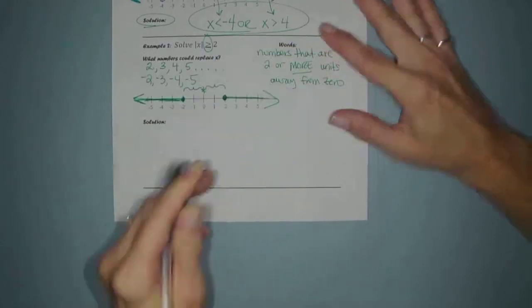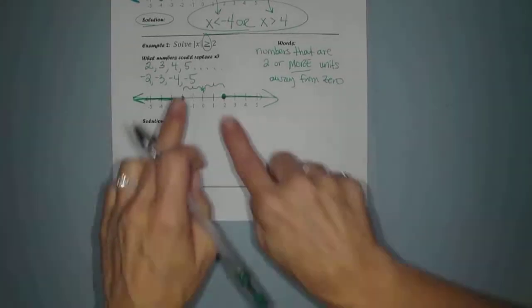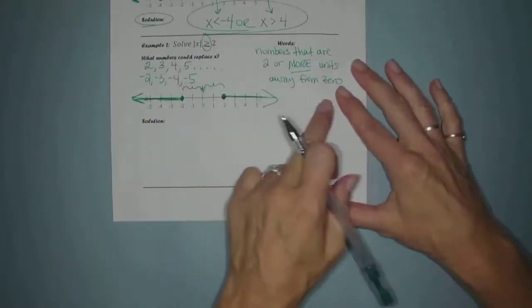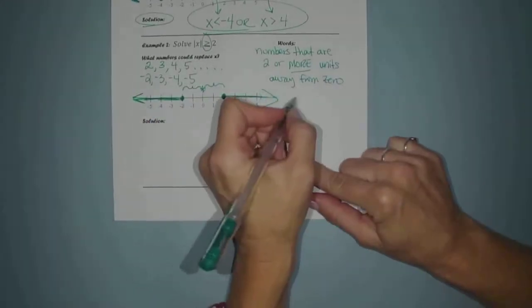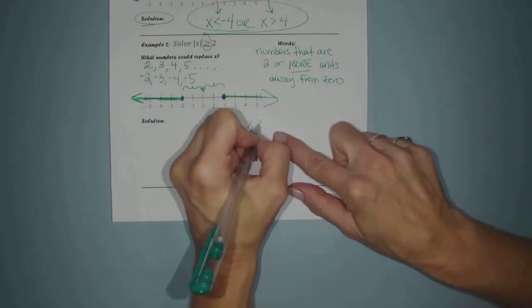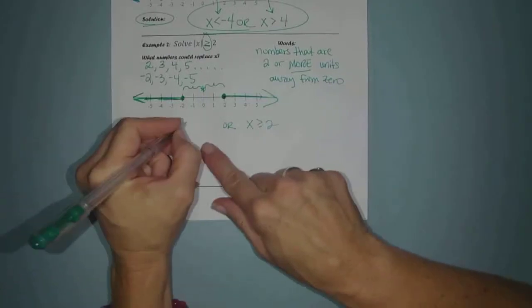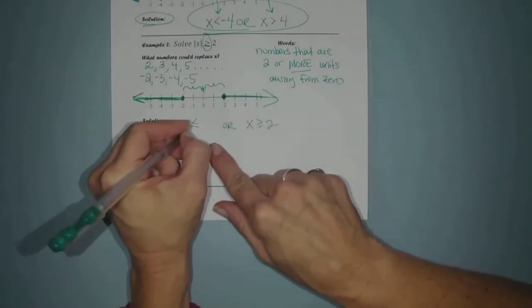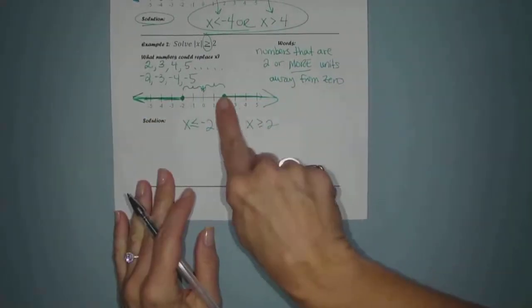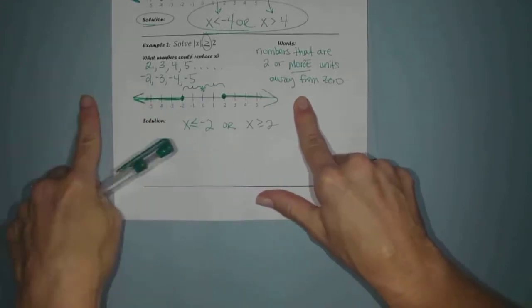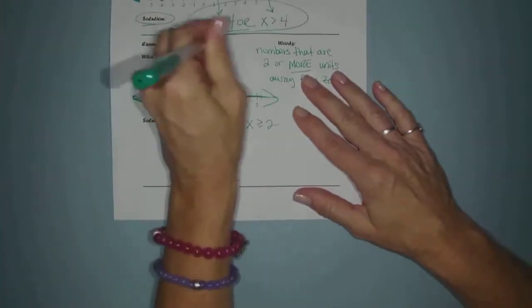Okay. So now let's go to our solution. Well, what do these 2 inequalities say? Let's start over here. Well, this says numbers greater than or equal to 2, or this says numbers less than or equal to negative 2. So we're going this direction or we're going this direction. Jingle.